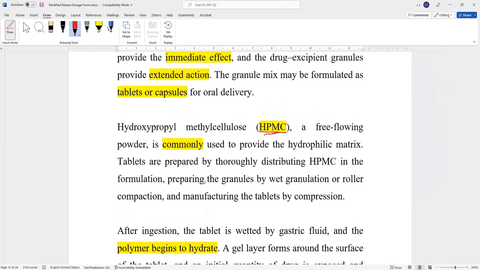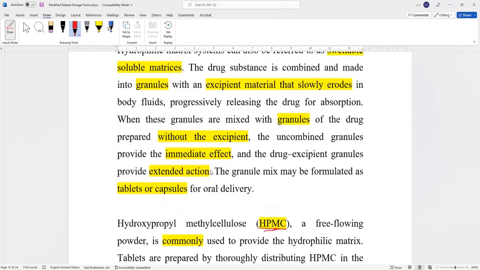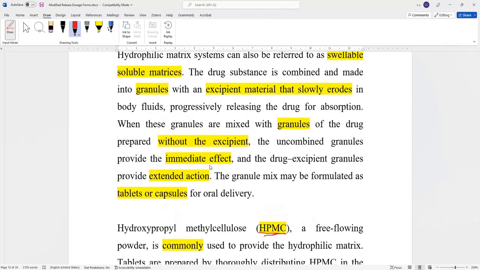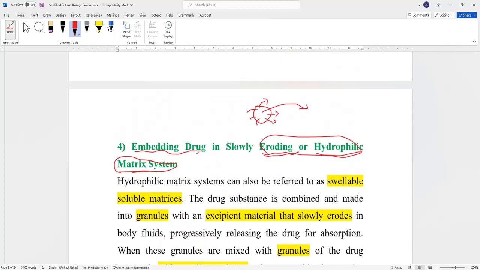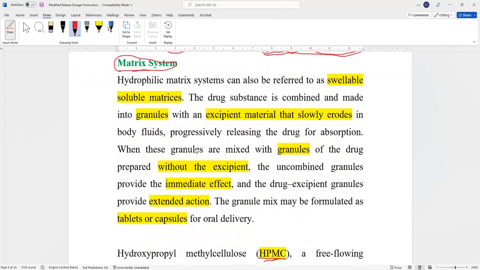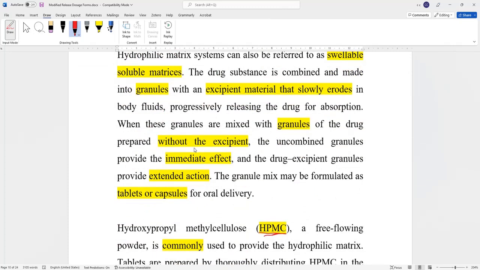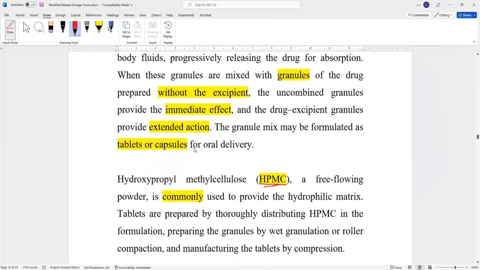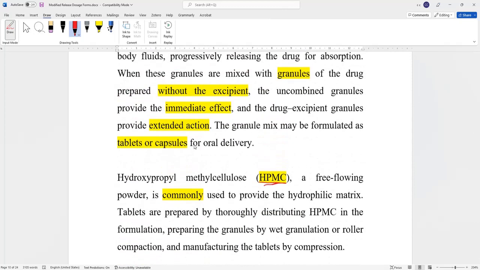Okay, so this is embedding a drug in a slowly eroding hydrophilic matrix. Of course, we can compress it in tablets, but we can also put it in capsules. In the case of capsules, if I want an immediate effect, I can add some drug without the excipient.